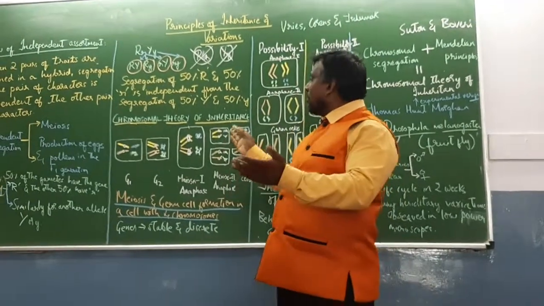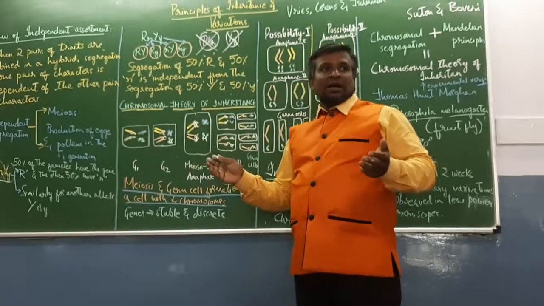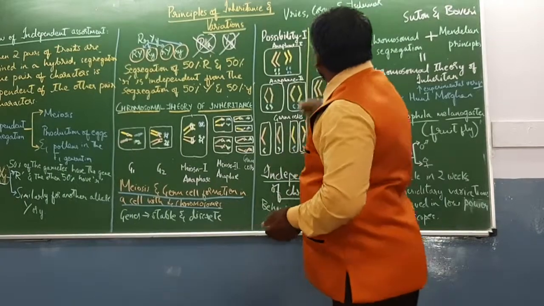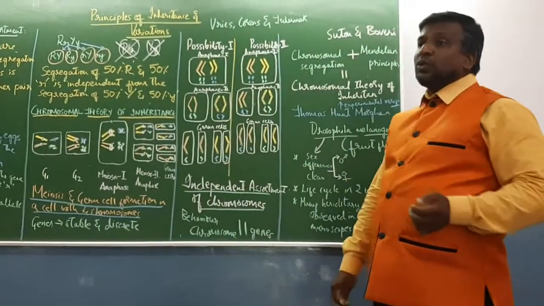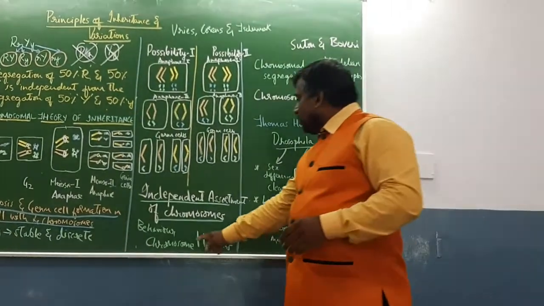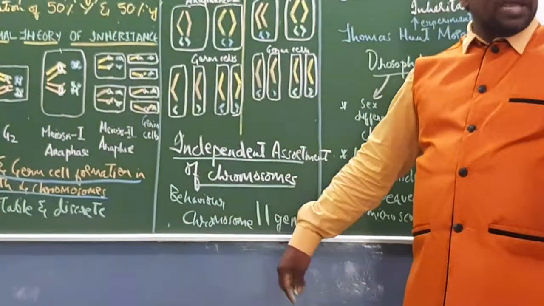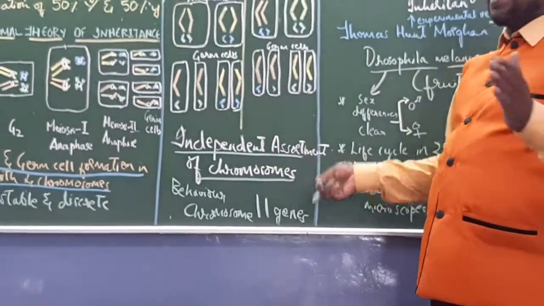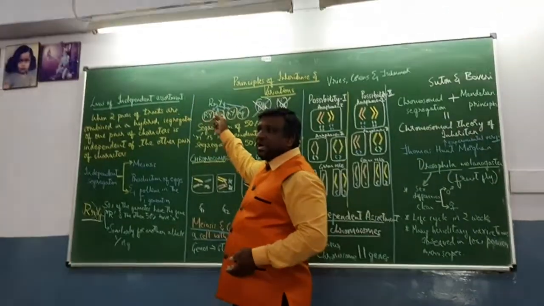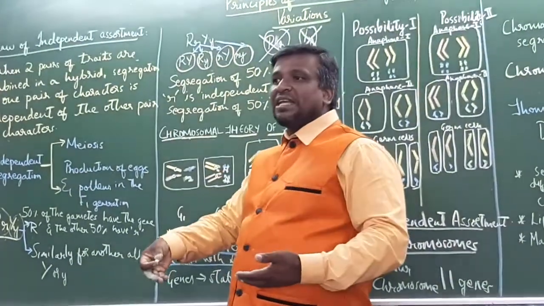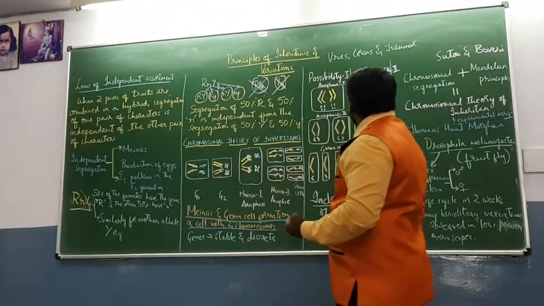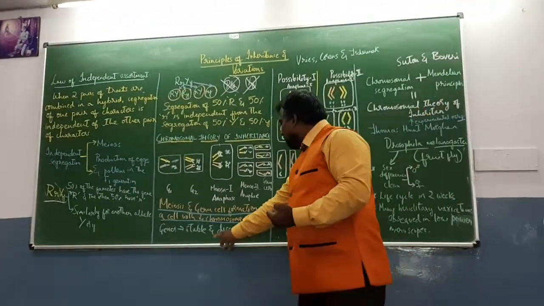Okay, so they had already discovered the knowledge of chromosomes. One of the scientists, Sutton and Boveri, observed that the behavior of chromosomes is parallel to the behavior of these factors, which we present as stable and discrete units.